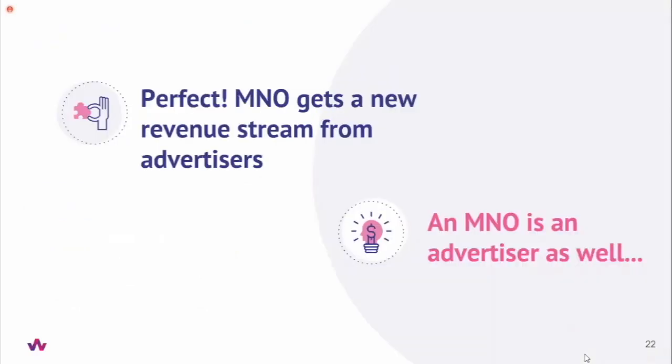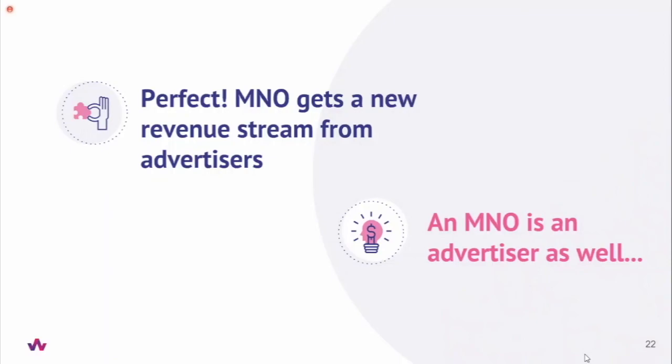Okay, so the idea is that when you integrate, develop and launch this digital ad service, you can also use all its benefits. You can use this service for running your own advertising campaigns, for promoting your own digital services like online TV, some specific products, and so on.